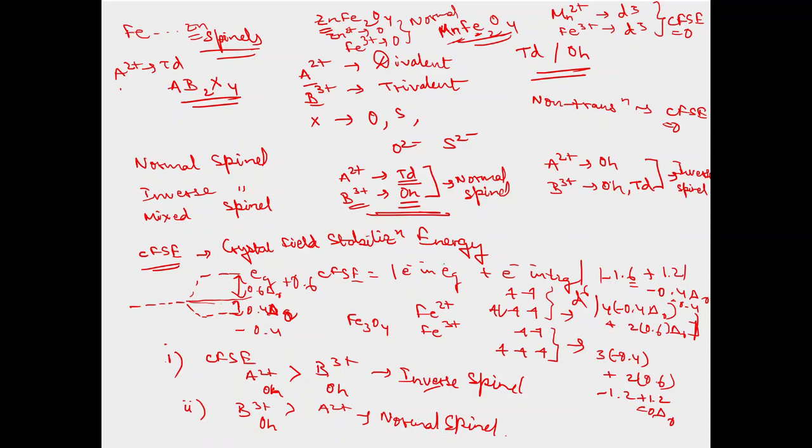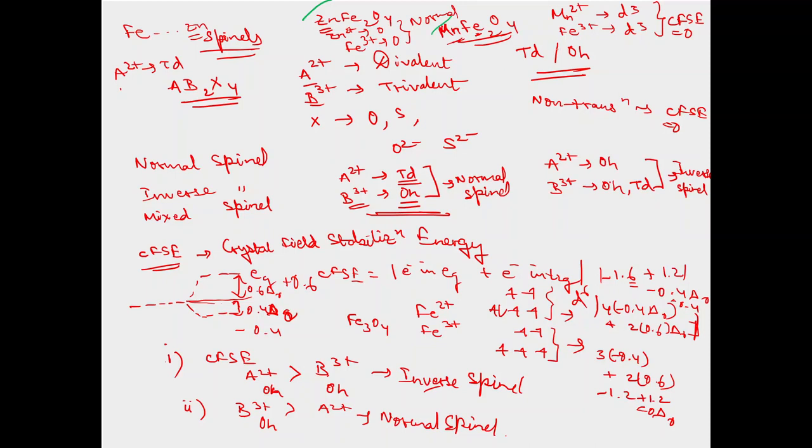Then comes the case where the CFSE for both A2 plus and B3 plus comes out the same, like ZnFe2O4 and MnFe2O4. For both these cases, the CFSE value for the divalent and trivalent ions is 0. So how to compare them?